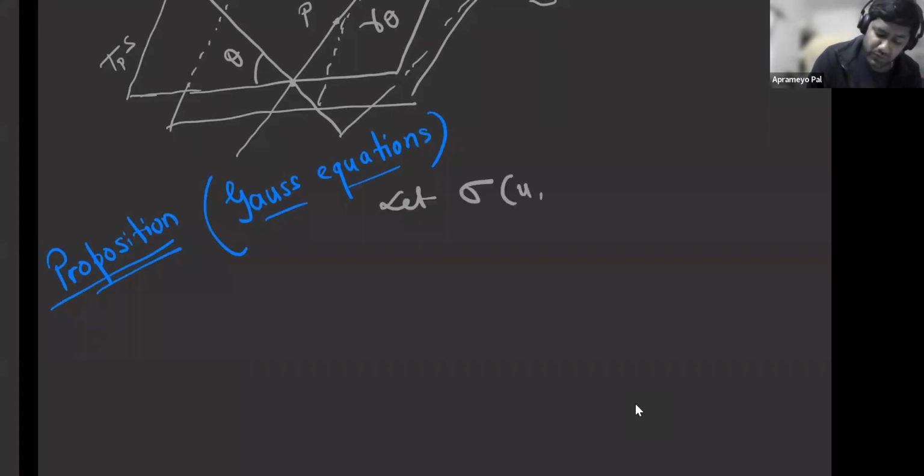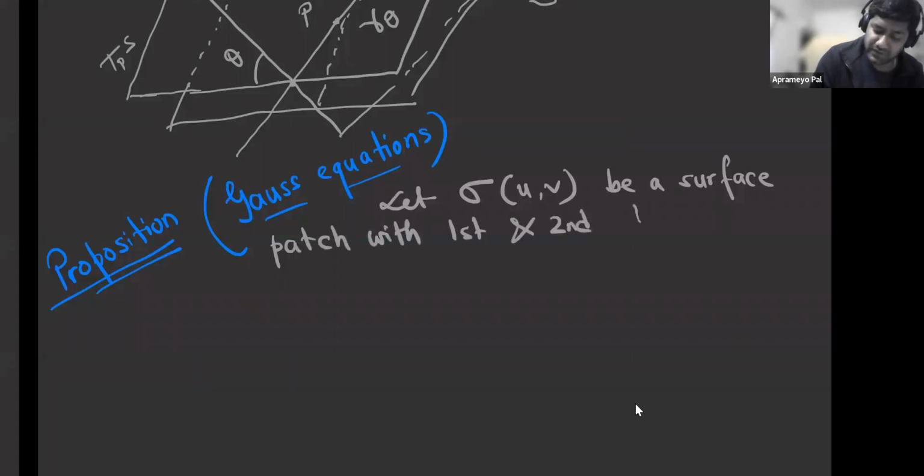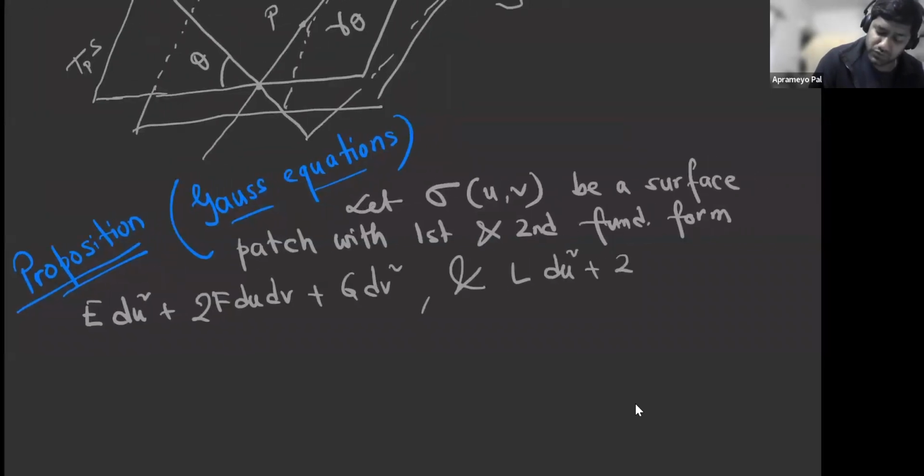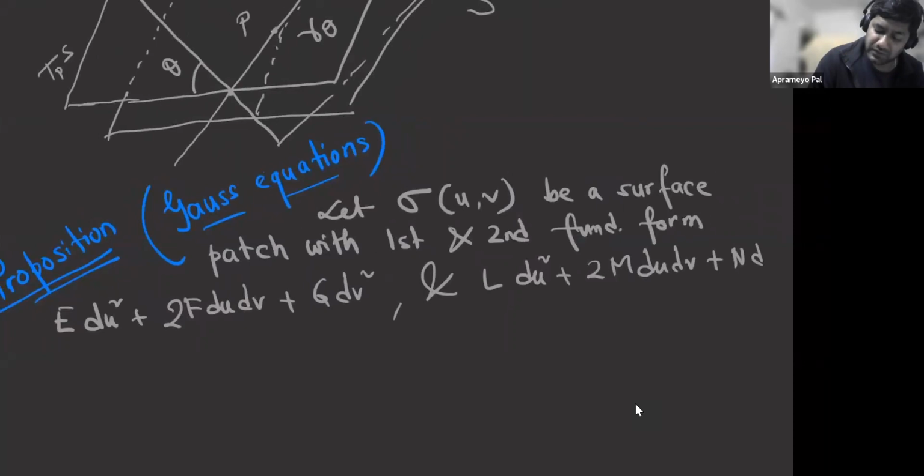So let sigma uv be a surface patch with first and second fundamental form given as E du square plus 2F du dv plus G dv square, and second fundamental form given by L du square plus 2M du dv plus N dv square.